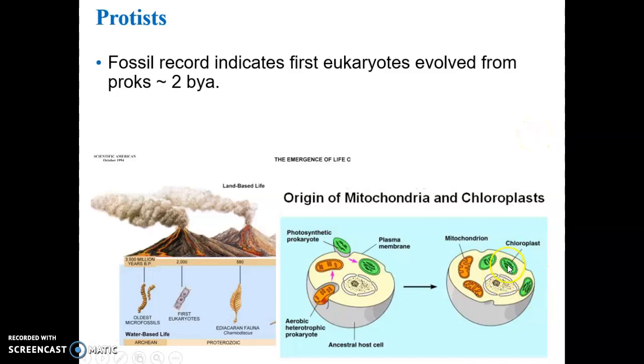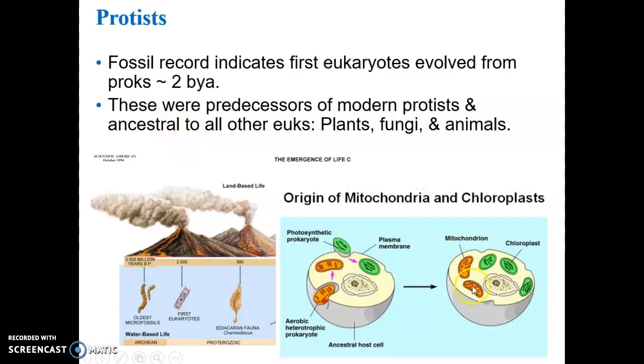And so once the ancestors to the chloroplasts and the mitochondria were ingested by the ancestral host, those ancestral prokaryotes became the mitochondria and the chloroplasts of the first protists.